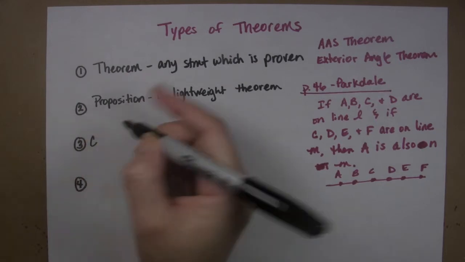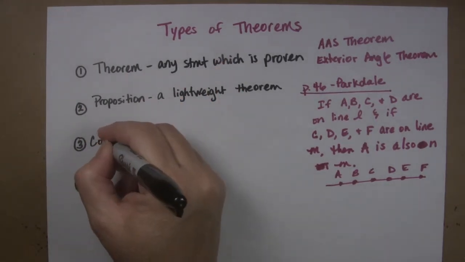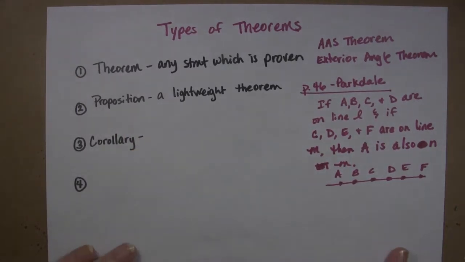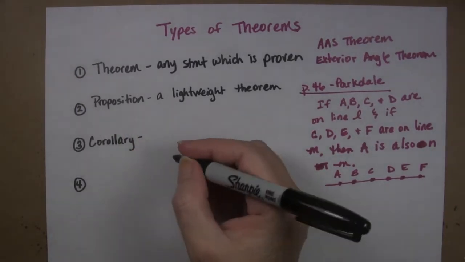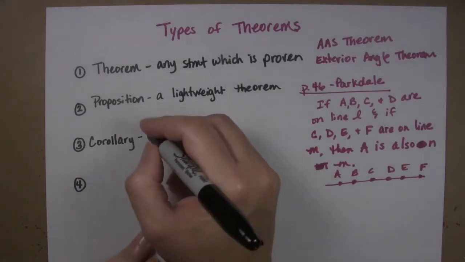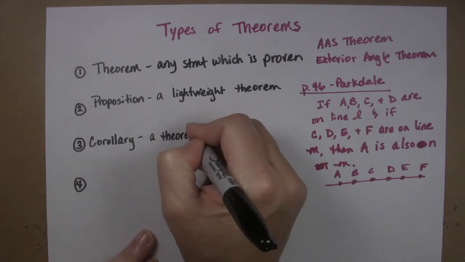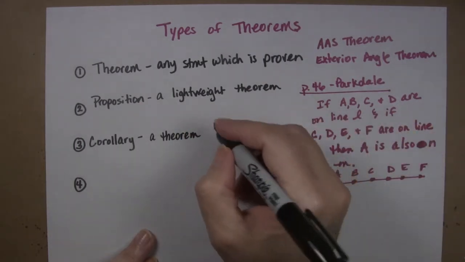Then we have a type of theorem called a corollary. Not to be confused with a coronary, which is a heart attack. A corollary should not give you a heart attack because a corollary is a theorem that follows very easily from another theorem.